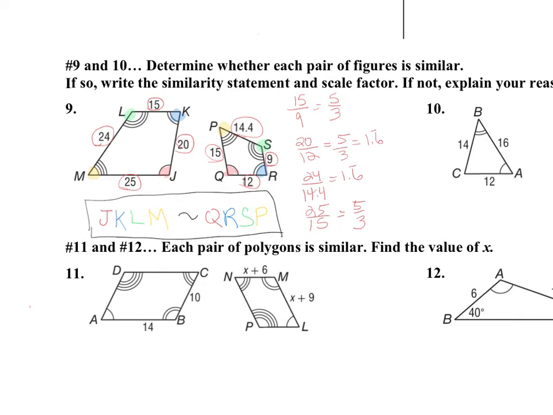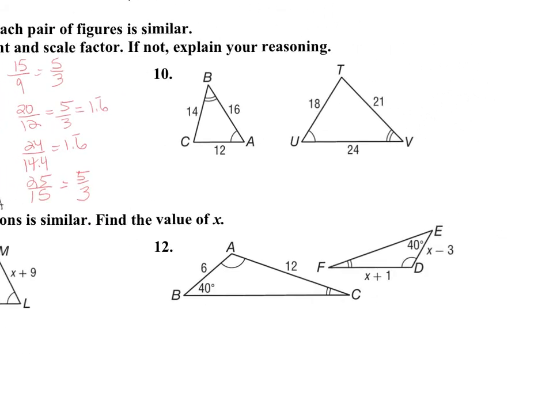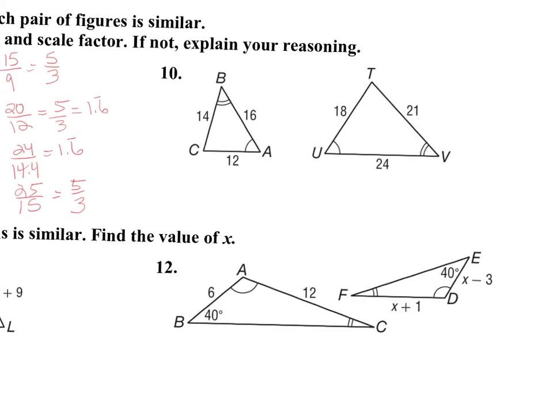Okay. All right, if we look at number 10, I'm going to move this over. Number 10, we have the same directions as number 9, so I'm going to look at my angles first, and I'm going to color code them, maybe helpful later.